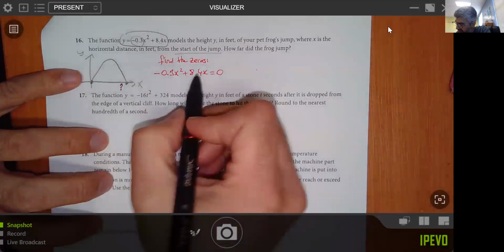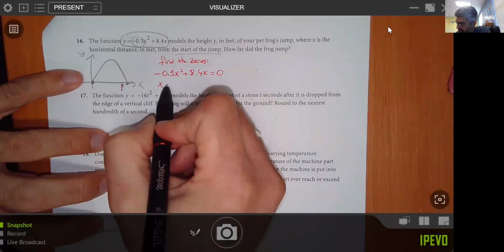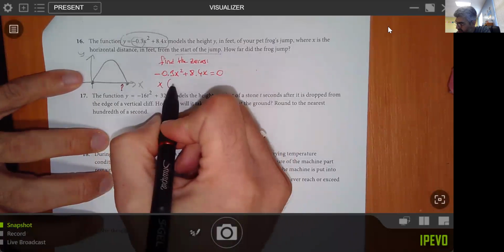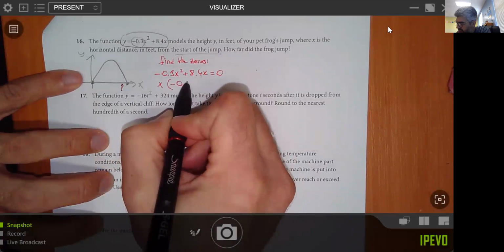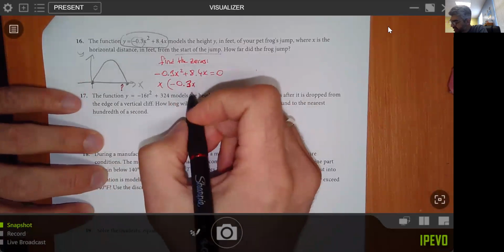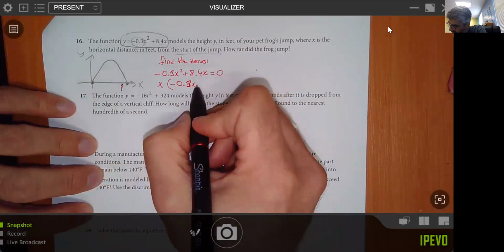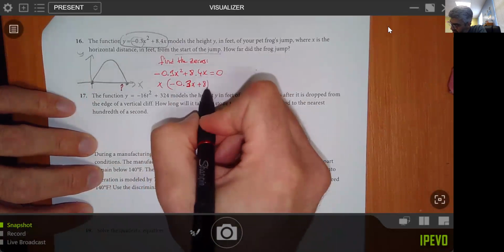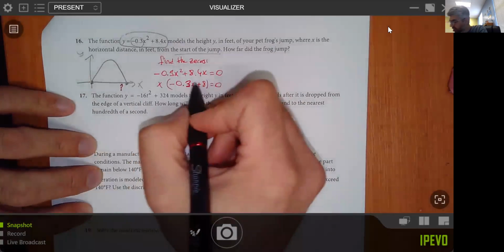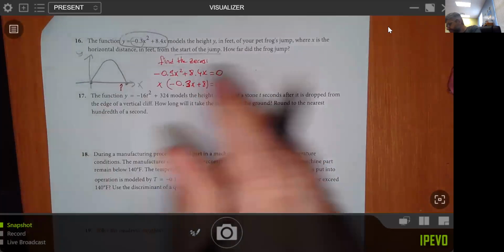Well, what are the factors here? X is the common factor. I'm not looking for the common numbers for 0.3 and 8.4, but I write x directly. Okay, guys, I'm sorry, 8.4 it should be.